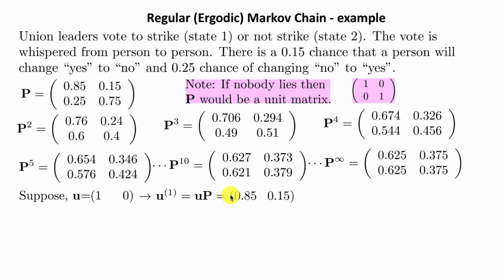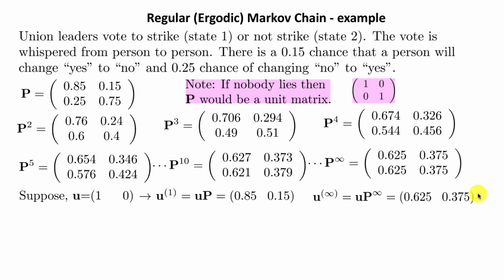Now that 1 has become 0.85 and that 0 has become 0.15. Now let's say that this is transmitted onto many, many individuals. Well, if that number becomes infinity, then we multiply the initial vector u with P to the infinity and we get this.